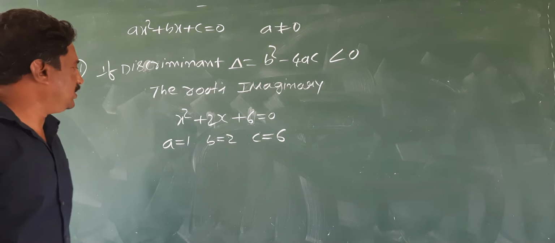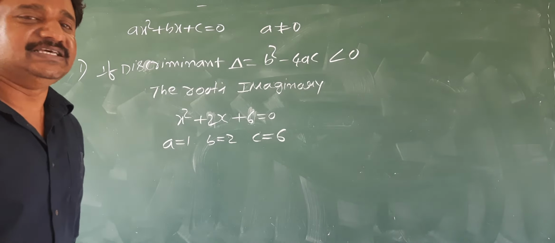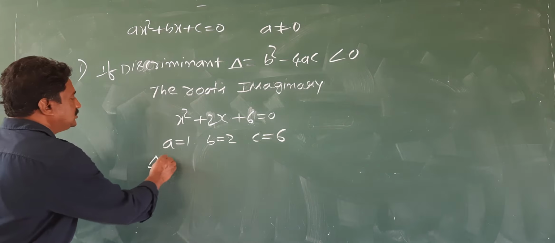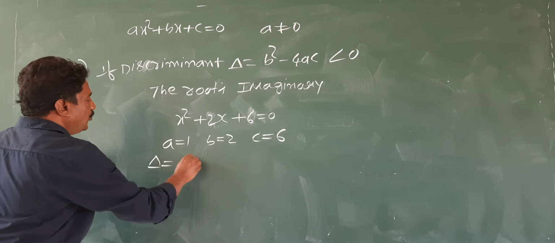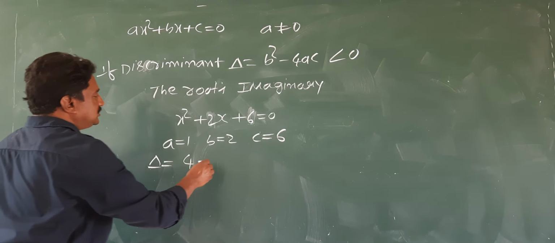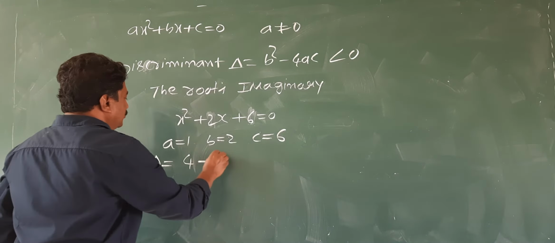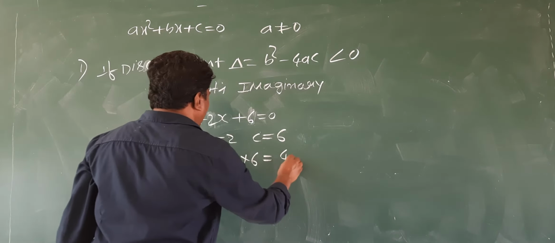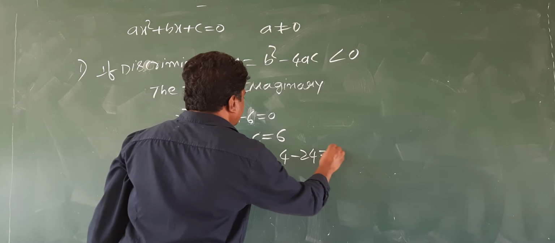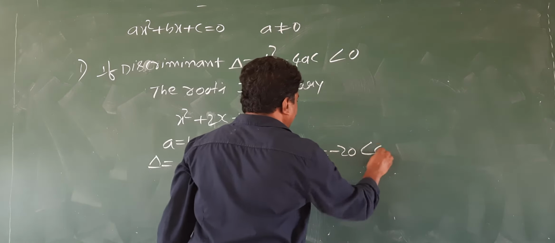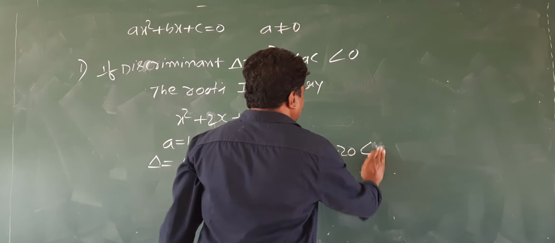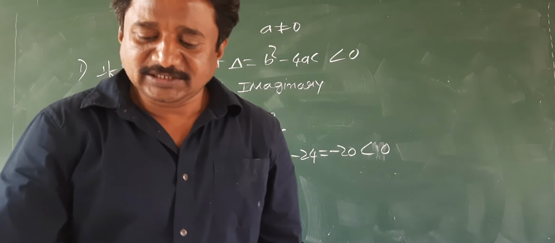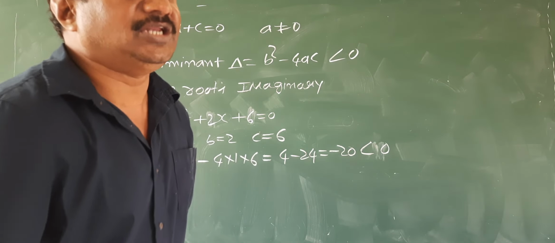So A is 1, B is 2, C is 6. Substitute in that. Delta equals b square minus 4ac, that is 4 minus 4 into 1 into 6. So 4 minus 24 is minus 20, negative, less than 0. So the roots are imaginary roots.